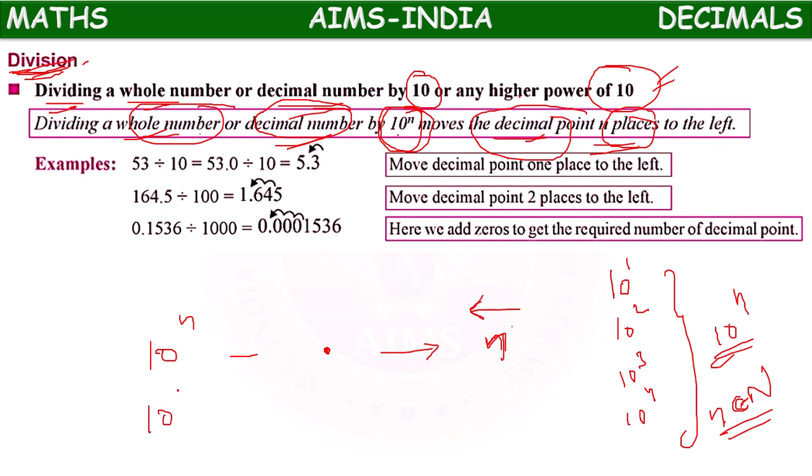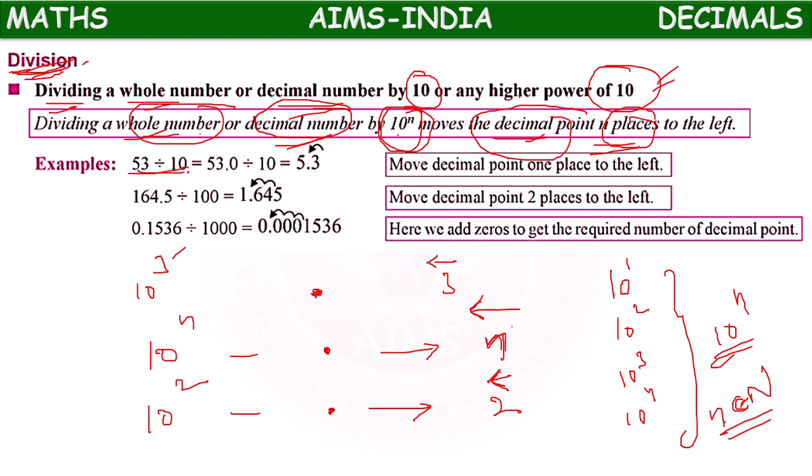Means if we divide by 10 square, the decimal point will move 2 places towards left. Or if we divide by 10 cube, decimal point will move 3 places towards left. So that is the rule here.